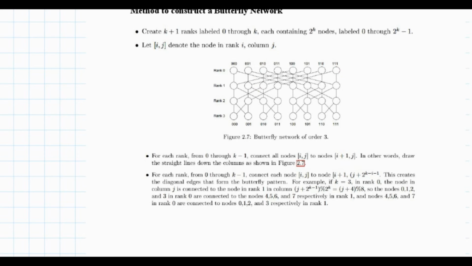Now let ij denote the node in rank i and column j. For each rank from 0 through k minus 1, connect all nodes ij to nodes i plus 1 j, as it has been done in the diagram.